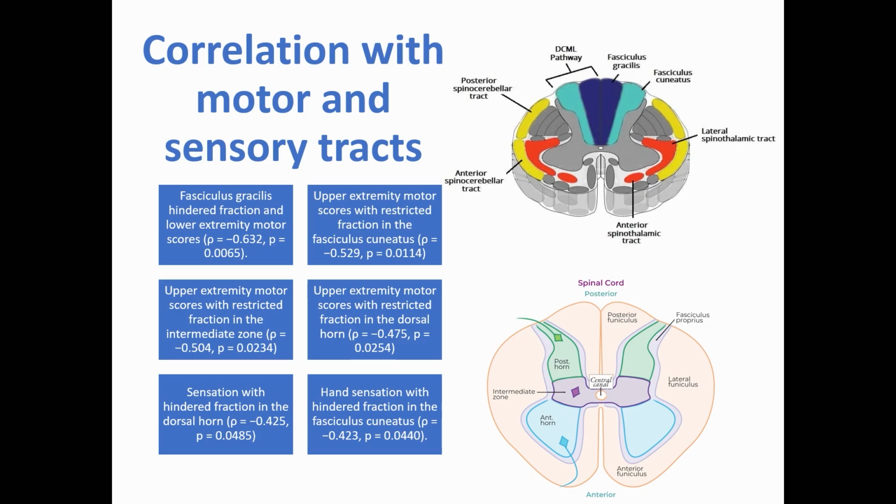You have upper extremity motor scores that correlate with signals in the fasciculus cuneatus, with the intermediate zone, and with the dorsal horn. You've got sensation that's affected by the dorsal horn, and hand sensation. So now, instead of flashing up an image and waiting for somebody to tell you the clinical outcome, maybe you can have it just based on the MRI.